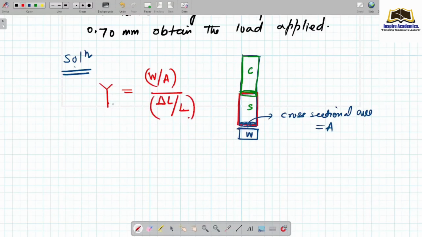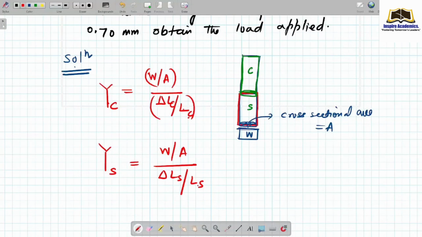So I would say Y of copper would be this, और यहाँ पे W and A तो दोनों के लिए सेम ही है, L को LC लिख दो and L को भी LC लिख दो. दोनों में इलोंगेशन अलग अलग होगा डिपेंडिंग ऑन YC and Y steel. Y steel will be W upon A upon delta LS upon LS.